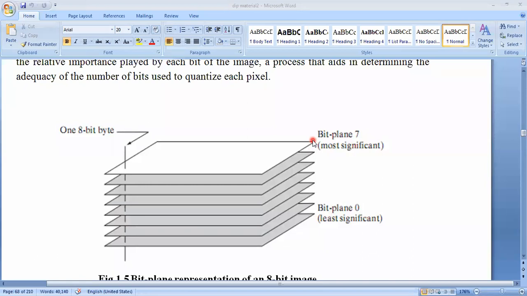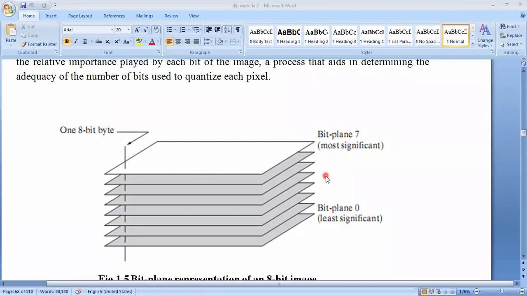For human perception of the image appearance, the information is concentrated in the higher 4 bits. So the majority of the information is carried by these 4 bits.